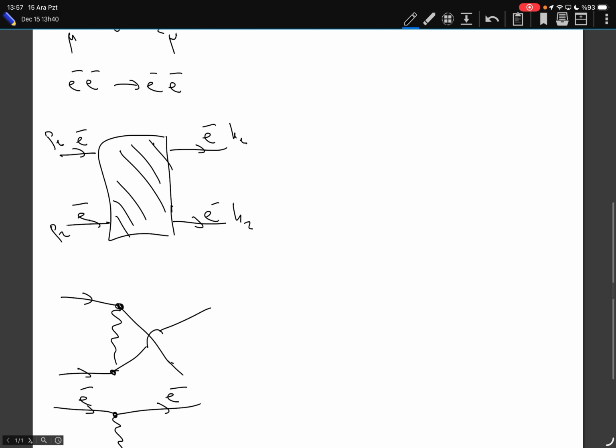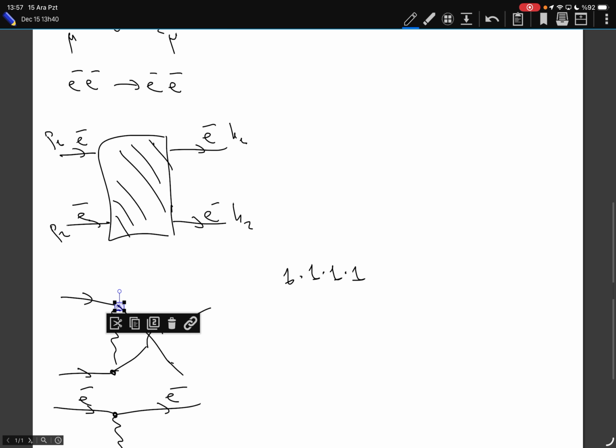So for this one I have 1, for this one also 1, for this one again 1, and also for this one 1. So I wrote the corresponding factors for each one of the incoming and outgoing lines.